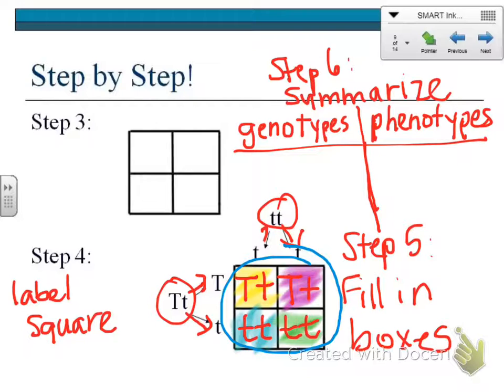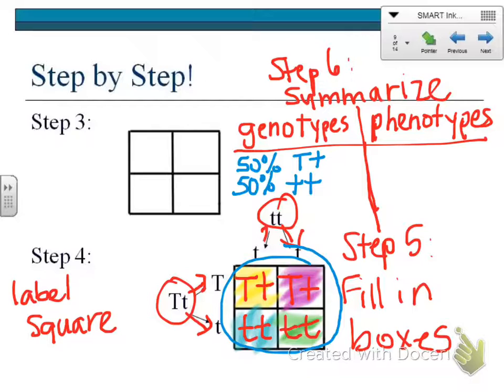There's 2. 2 out of 4, which is what percentage? 50%. So that's the first thing. 50% big T, little t. All right, what else is in there? 50% little t, little t. Questions on genotype?